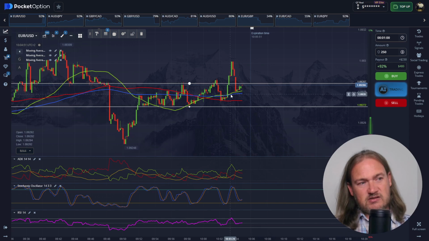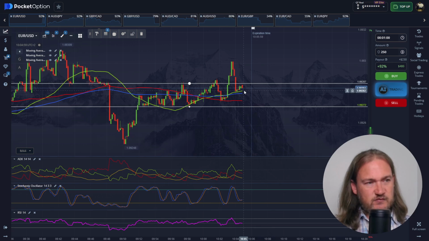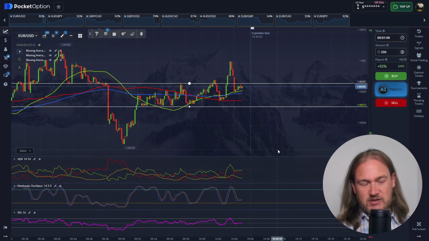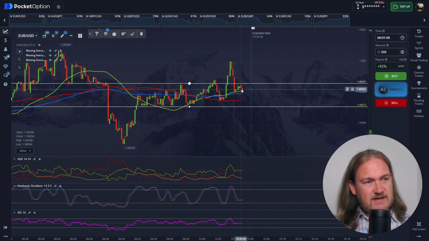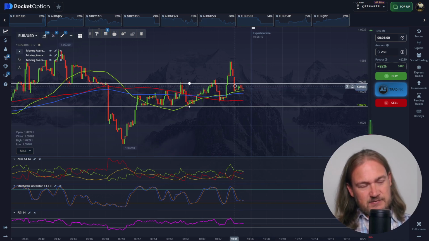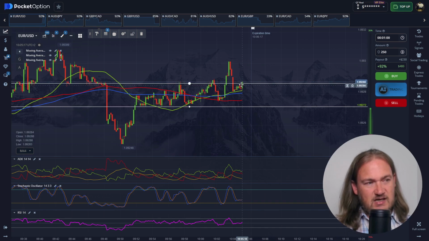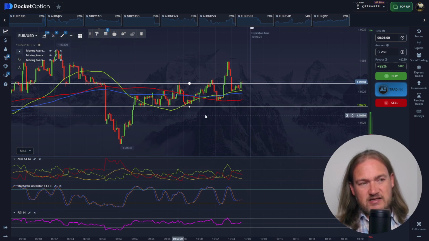So I'm not going to look for areas where, especially because my moving averages are crossing, this could be the beginning of an upwards move. We'll have to wait and see. For all we know, it could just tank from here. We don't know. We have to wait and see, but I don't want to take trades in this area at the moment, because this could go either way, and I'm not going to risk a trade while it does until it clears this area.